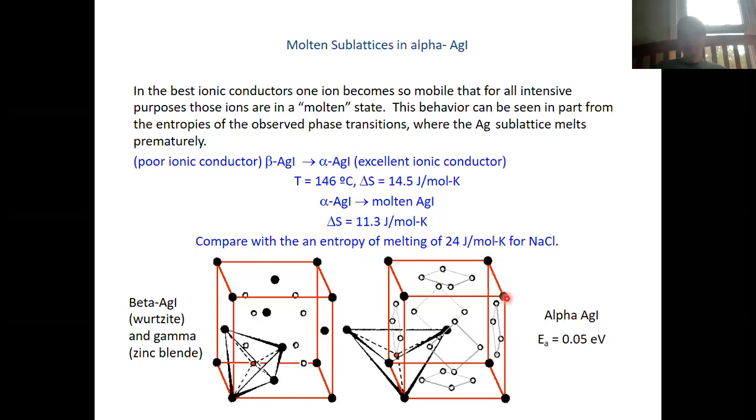In this case, we have a body-centered lattice of silver ions, and you know that the body-centered lattice is somewhat less dense than a cubic or hexagonally packed lattice. So we have here a more open framework of silver ions, and that's the first clue as to why the alpha silver iodide is more ion conducting.